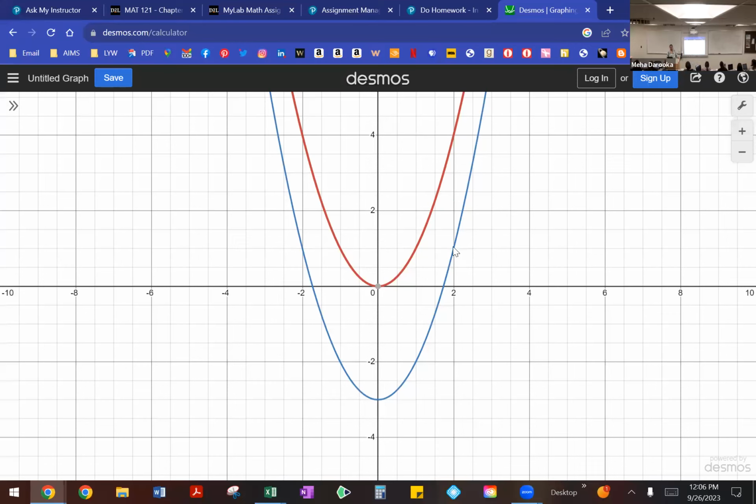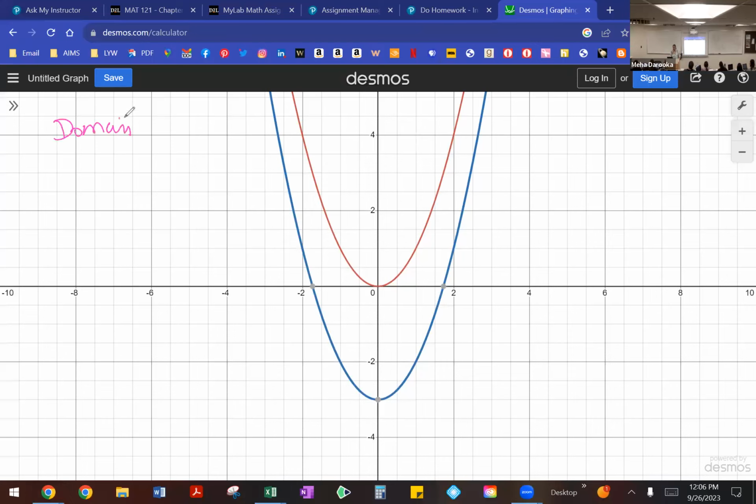Very good. That's going to become this point right over here. Same thing happens on the left-hand side, right? So again, this is a rigid transformation because it did not change the shape of our graph. We just moved it. Can you tell me the domain and range?